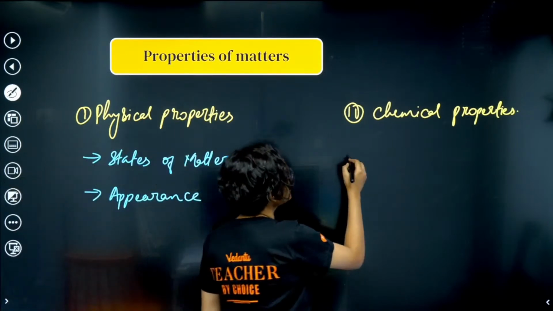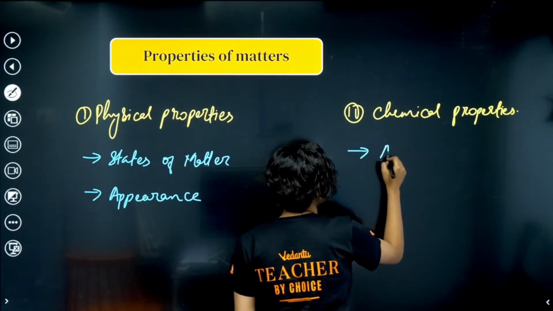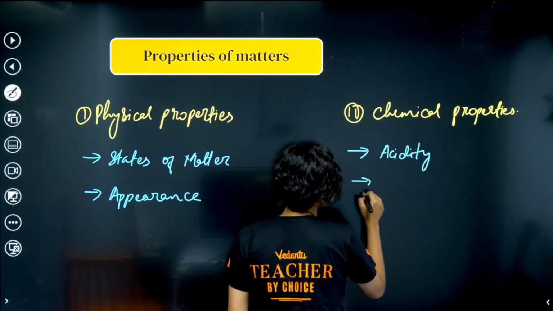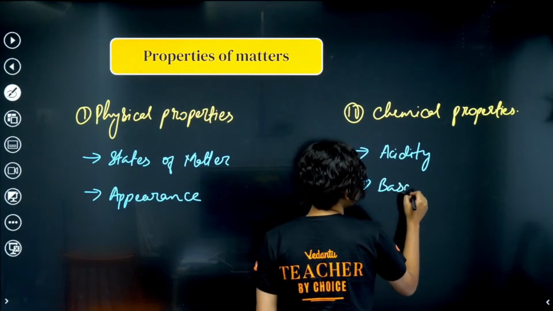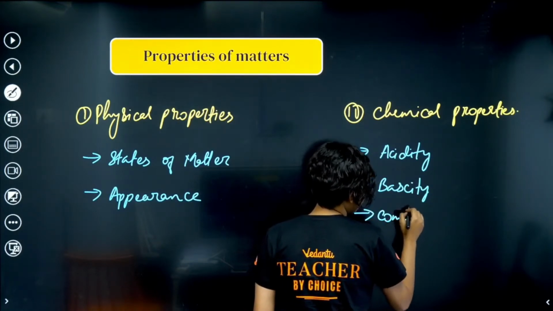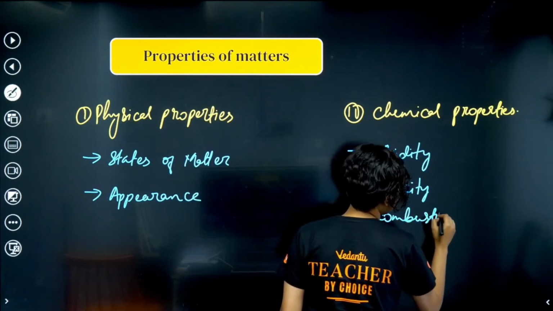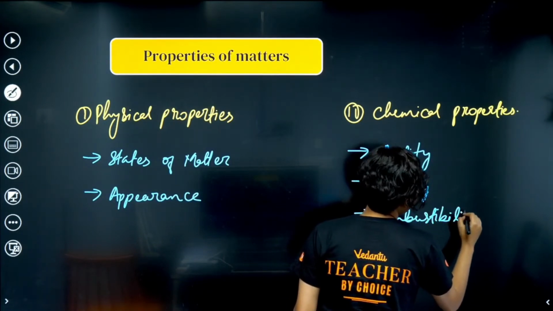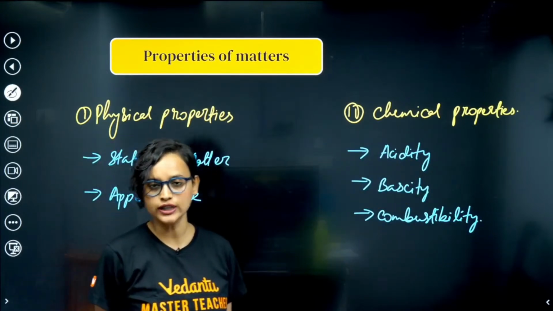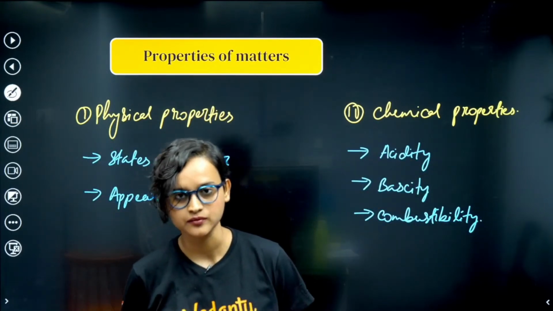Whereas in case of chemical properties, we talk about their acidity, basicity, combustibility, and all of these. These are your chemical properties. These are the properties of matter.